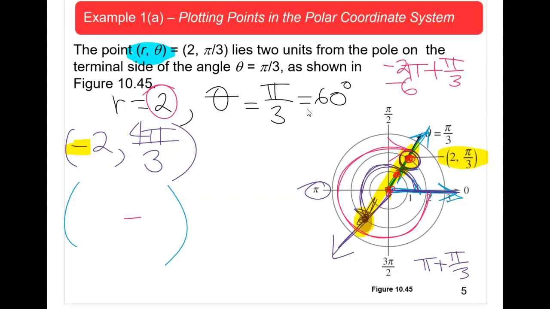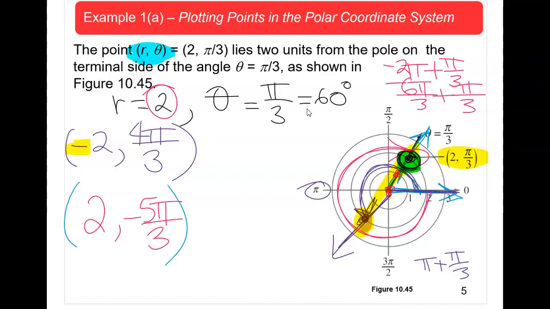So this is negative 6 pi over 3 plus pi over 3, just to get the difference between that. And so that will be negative 5 pi over 3. And the radius that we will use if we wanted to land at that point, now I'm going to highlight it in green, will also be positive 2.